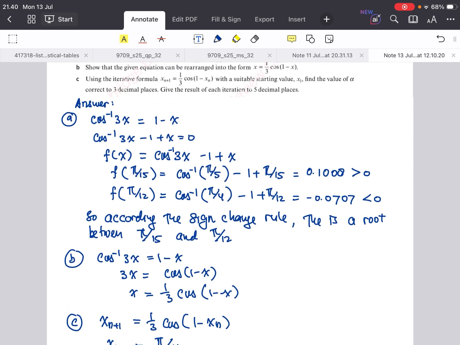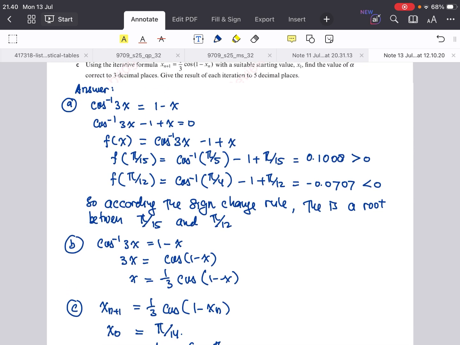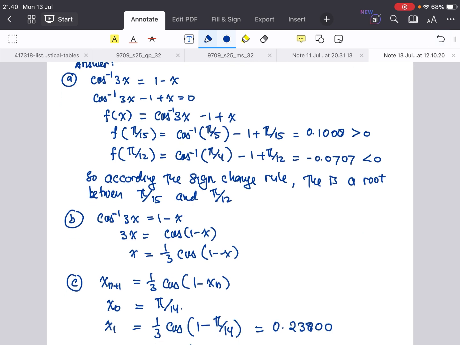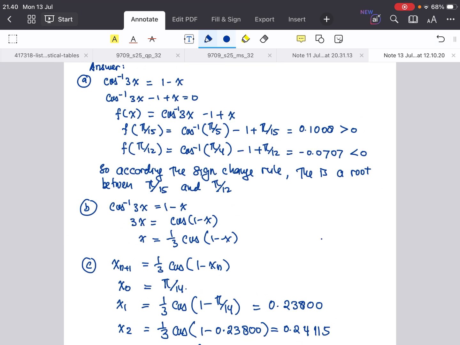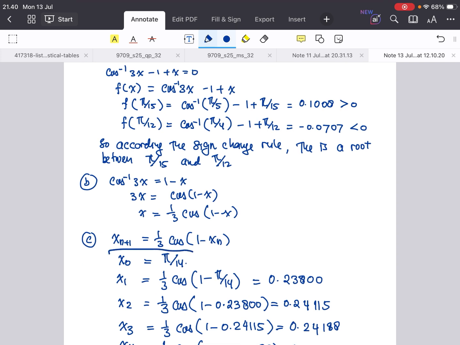So, since we know that the root lies between π/15 and π/12, in my answer, I start with x0, this is the starting value of x, π/14.